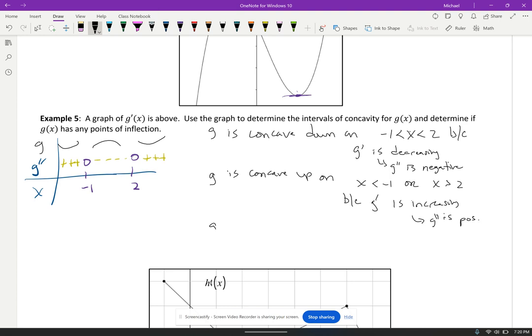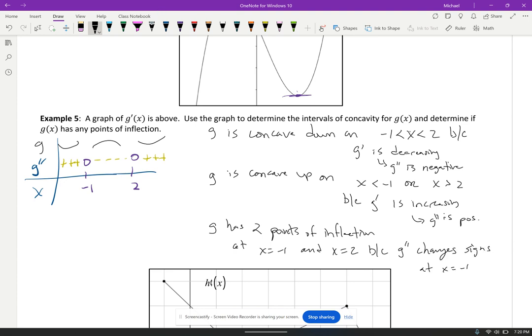And then finally, g has 2 points of inflection at x equals -1 and at x equals 2, because g double prime changes signs at those points.